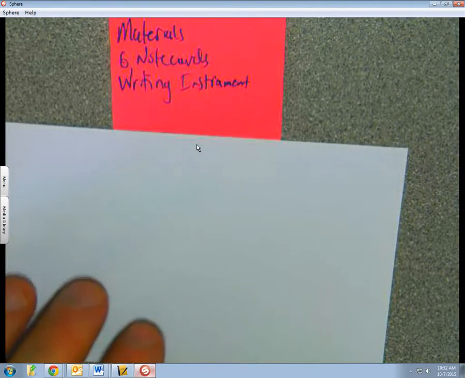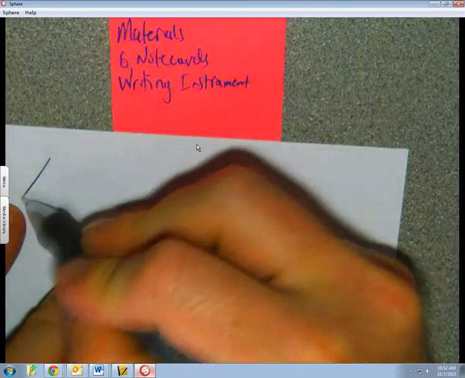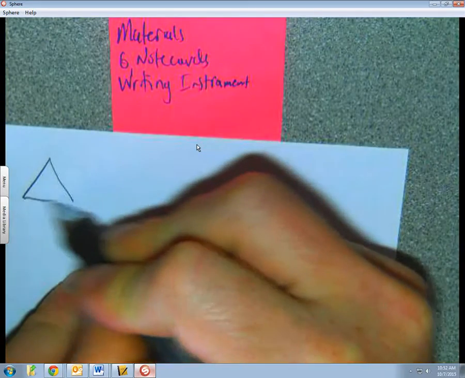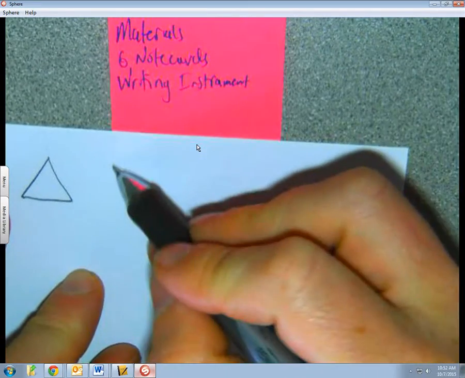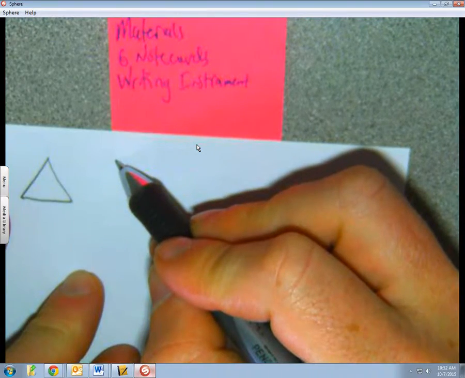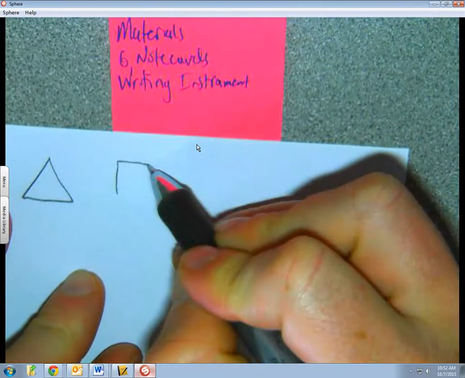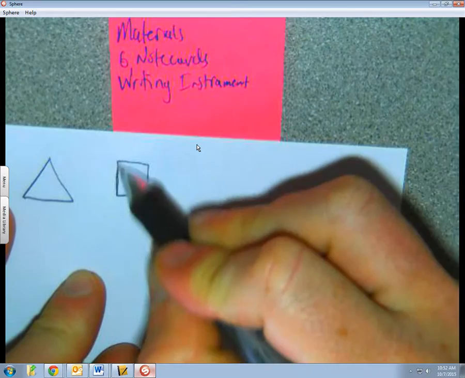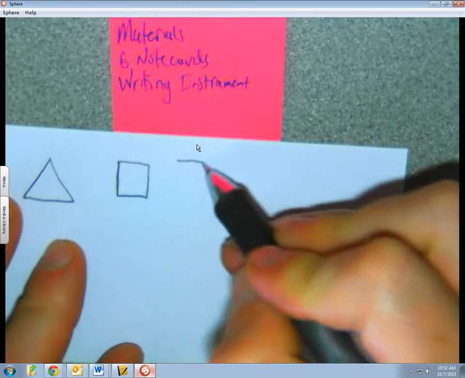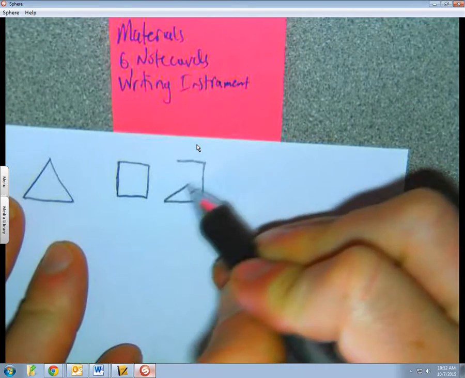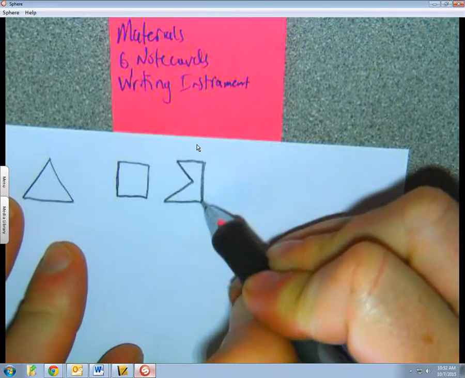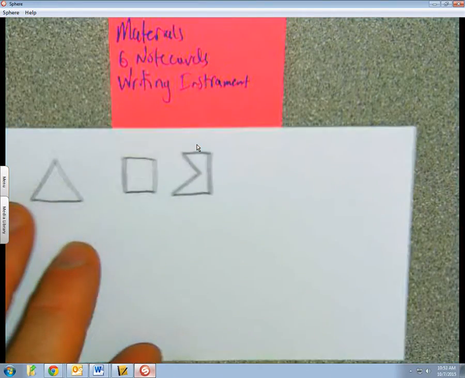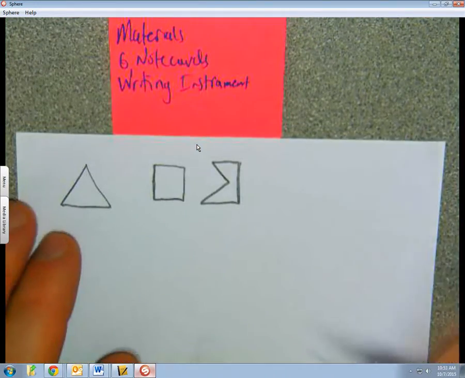Okay, so polygon, polygon, polygon. And imagine all those sides are straight. Again, this is just a sketch. So these are polygons.